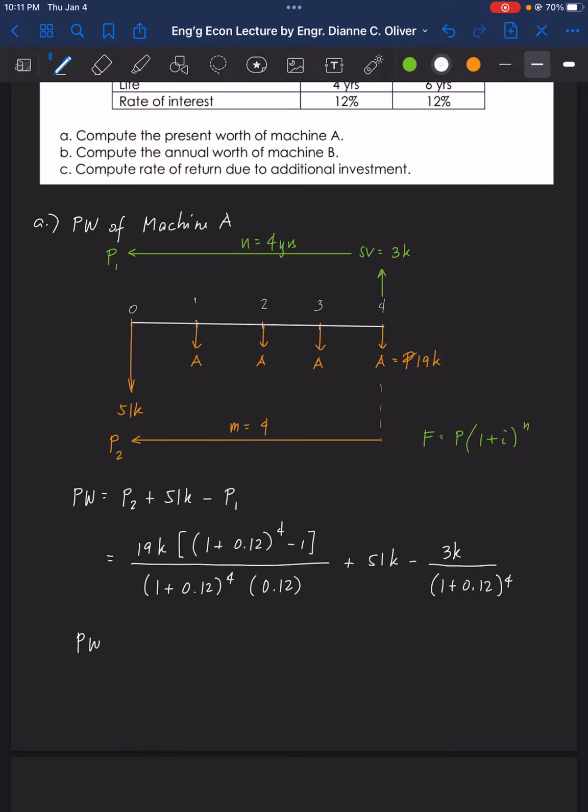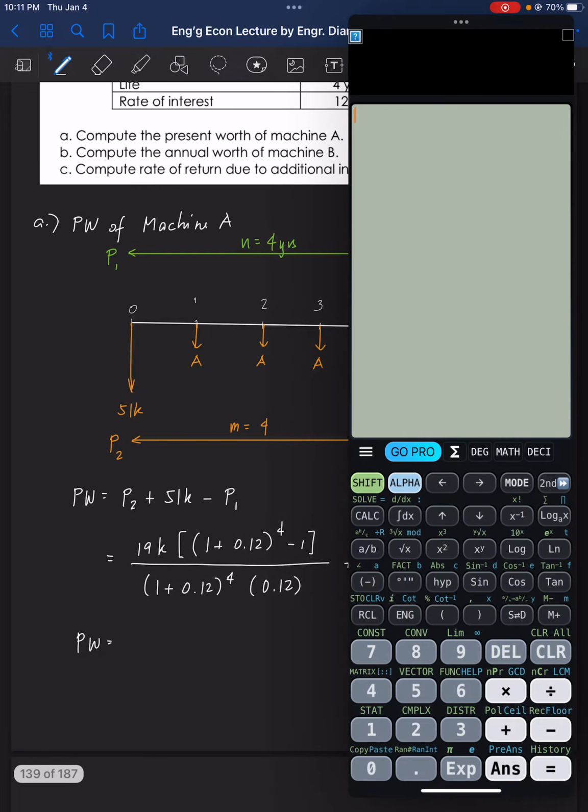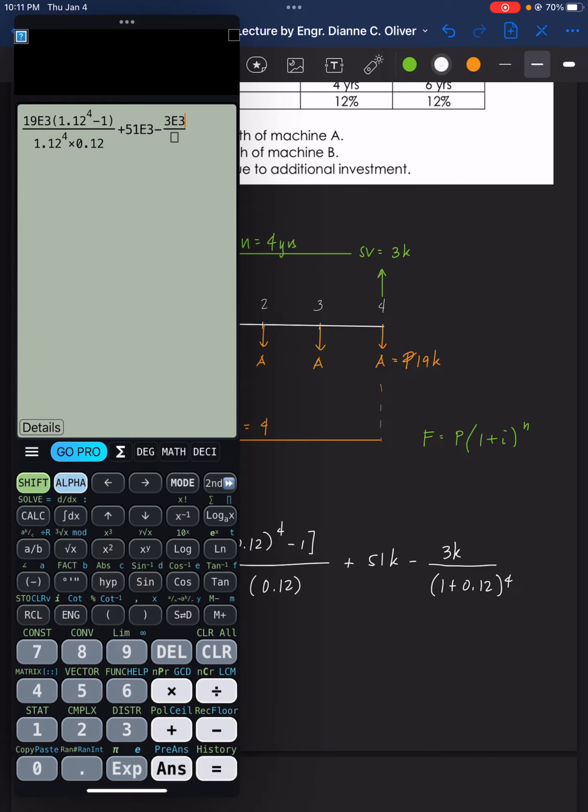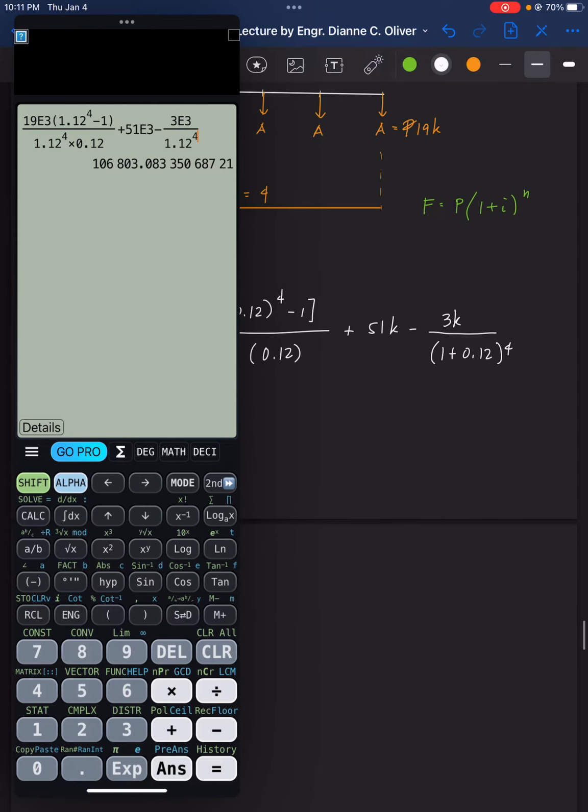So raised to the power of 4. So present worth is now equal to 19,000 times 1.12 raised to 4 minus 1 all over 1.12 raised to 4 times 0.12 plus 51,000 minus 3,000 over 1.12 raised to 4. So that is 106,803.08.